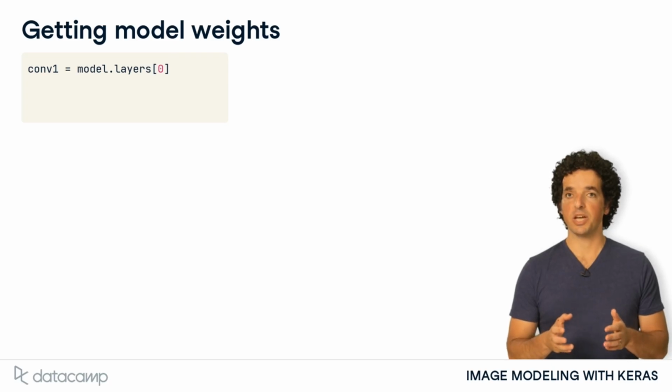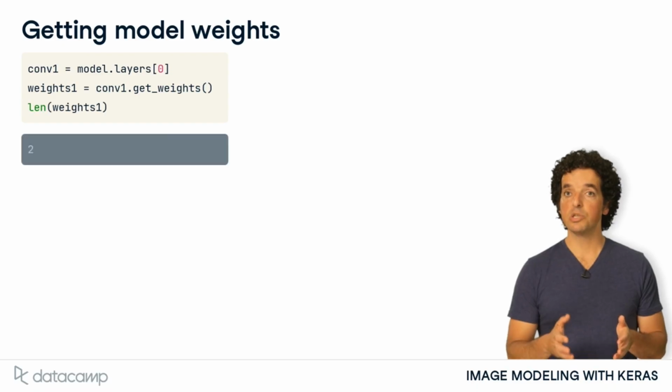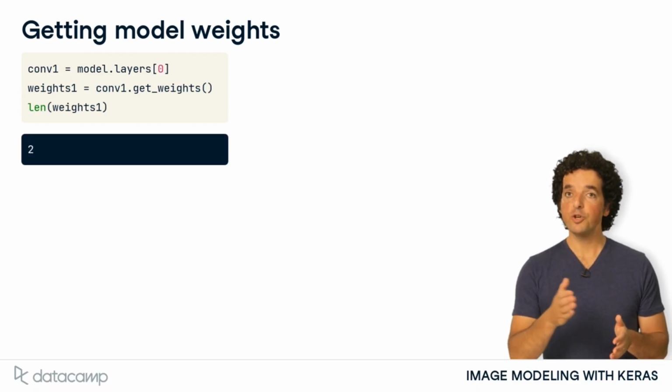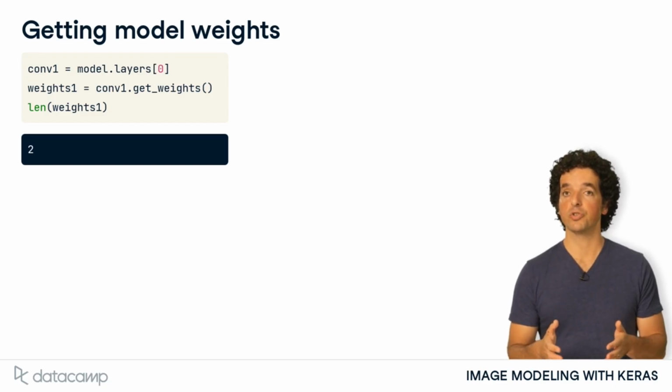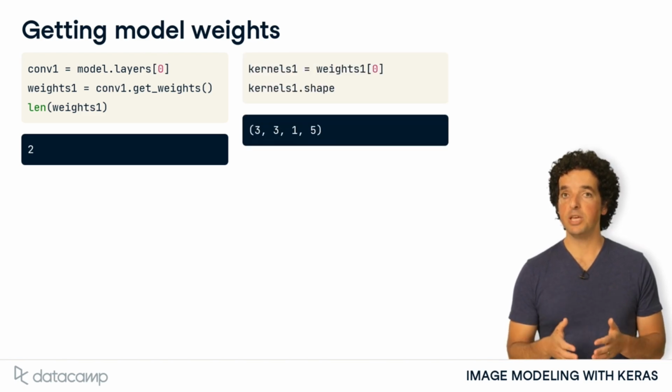The weights for this layer are accessible through the getWeights method. This method returns a list with 2 items. The first item in this list is an array that holds the values of the weights for the convolutional kernels for this layer. The kernels array has the shape 3 by 3 by 1 by 5.